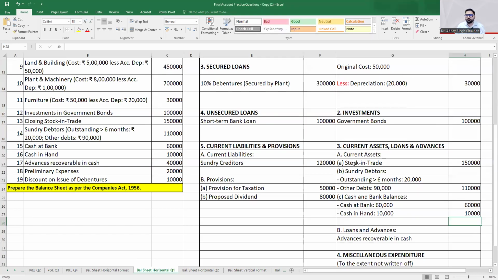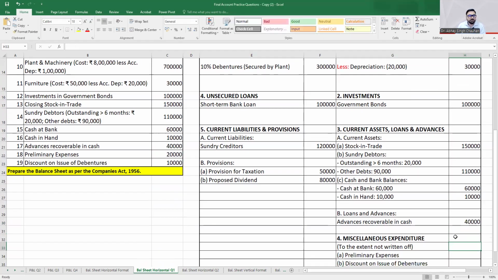That means some kind of advances you might have given to a person, and that will be recoverable in the form of cash. So those will come under the category of loans and advances. So you just put equals to over here, and under the loans and advances, you write this and mark this value. Okay.